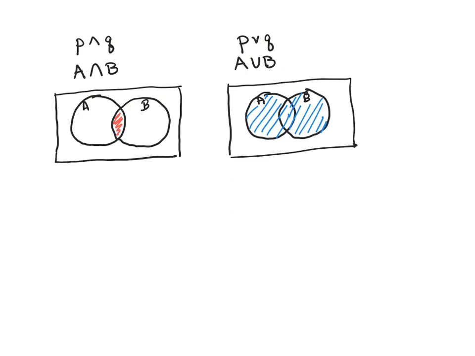And then the negation, well, it depends on what book you're using. Some books use a bar for the set notation. Some books use a little C in front of the A, but we read this as the complement of A. So the Venn diagram for that would look like this.